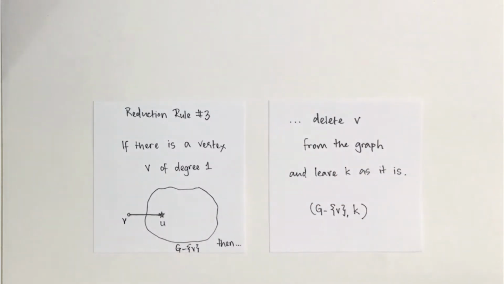So remember that we will never participate in an optimal or a minimal FVS, because any FVS that contains a degree 1 vertex is also a FVS without this degree 1 vertex. So there's really no reason to leave this vertex in this graph. You might as well delete it.